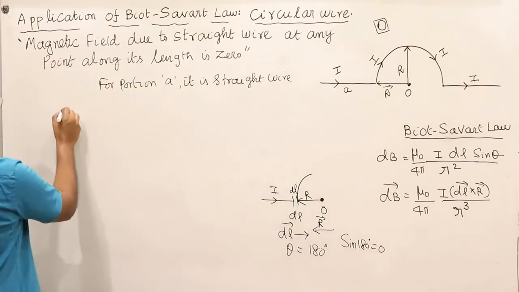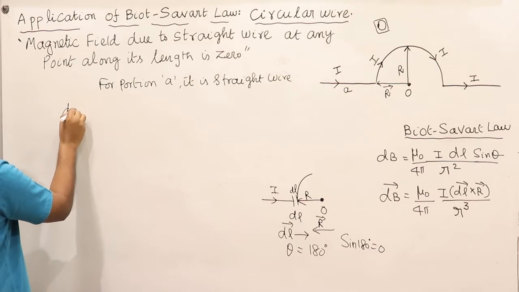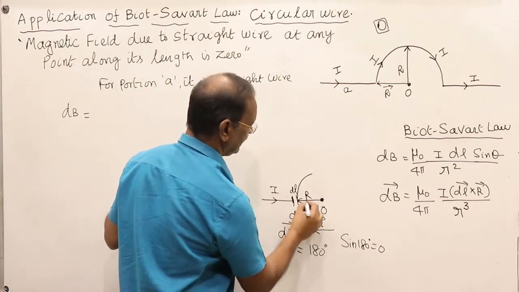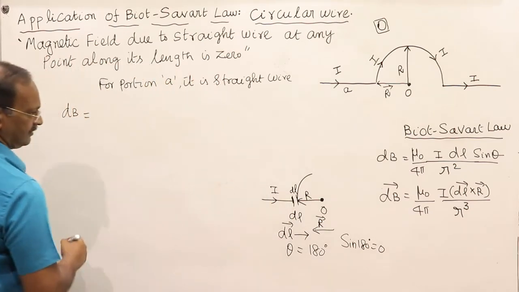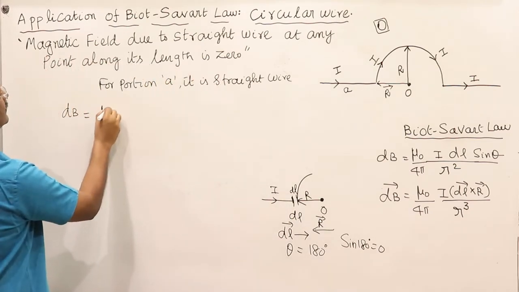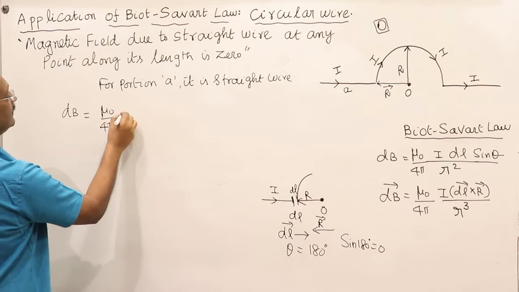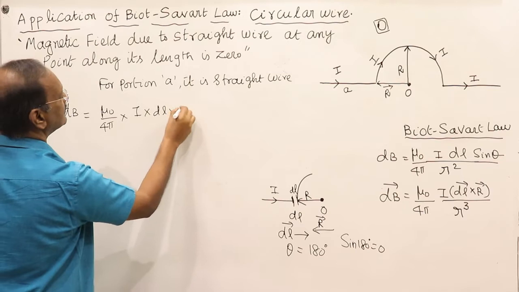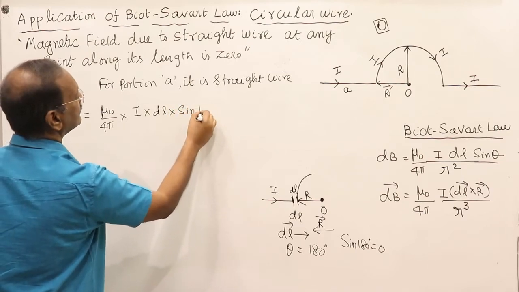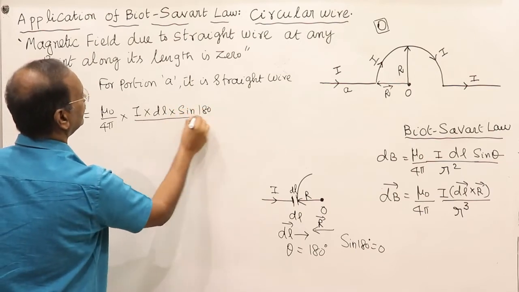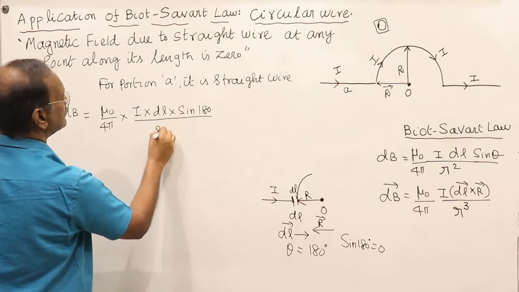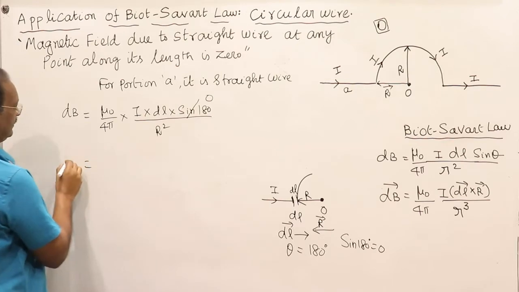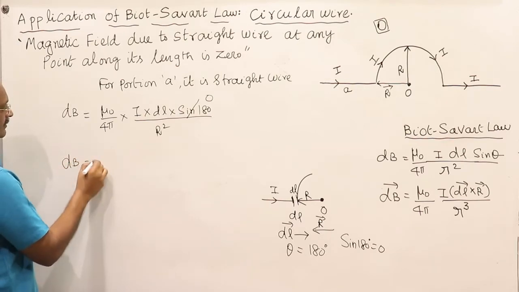Therefore, the magnetic field produced by this current element, not the entire length, dB is equal to mu naught by 4 pi into I into dl into sine theta, theta is 180 degrees, divided by r square. Since sine theta is equal to 0, therefore dB is equal to 0.